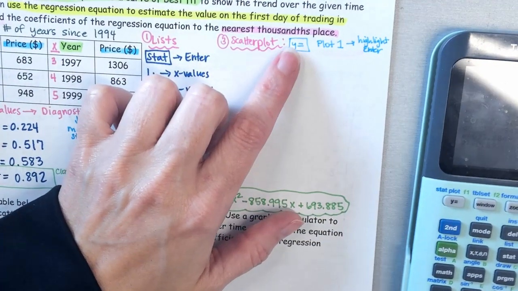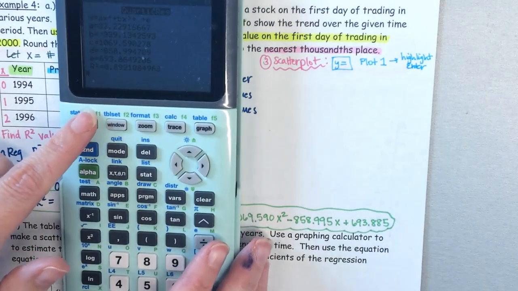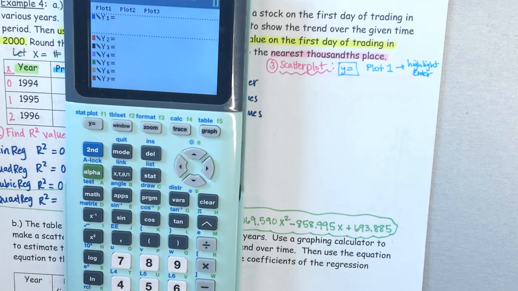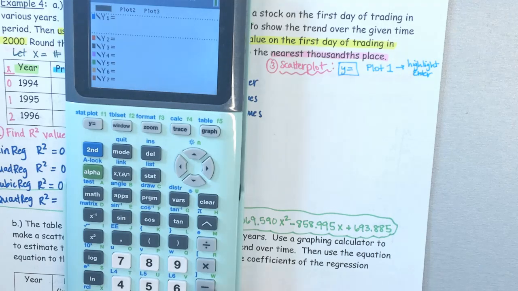Okay, so for your scatter plot, you're going to go to y equals. You shouldn't have anything in the y equals at this point. You're going to arrow up to plot 1 so that it's blinking here. And then you press enter, that highlights it.